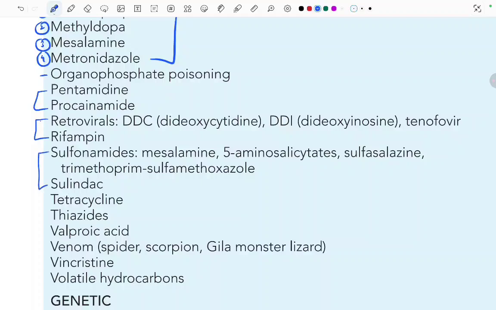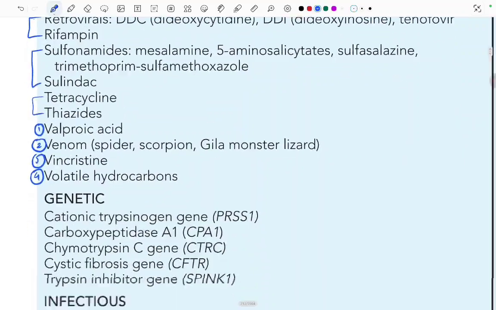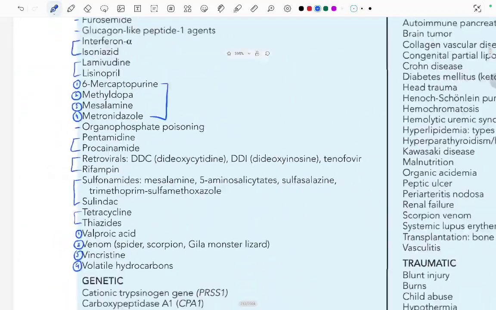Sulfonamides include mesalamine, 5-aminosalicylates, sulfasalazine, and trimethoprim-sulfamethoxazole. Now from T, tetracycline and thiazides. From V, valproic acid, venom of spider, scorpion and Gila monster lizard, vincristine and volatile hydrocarbons.